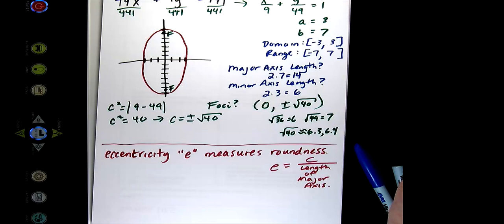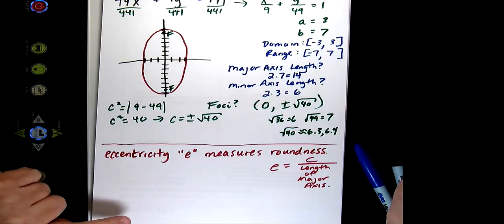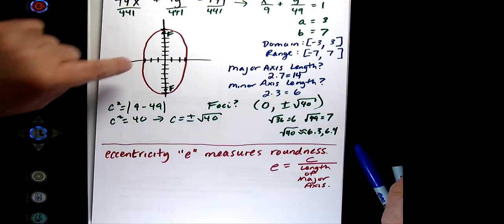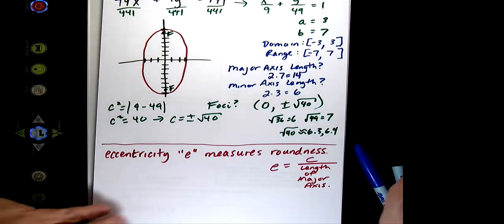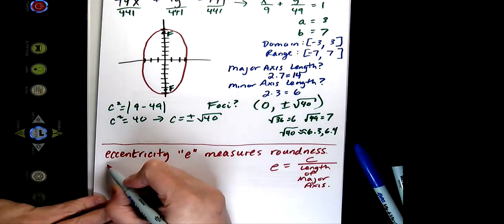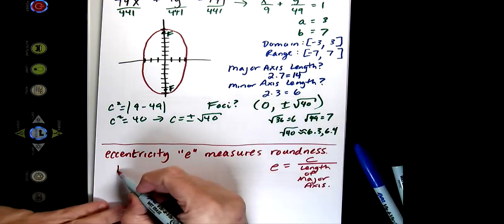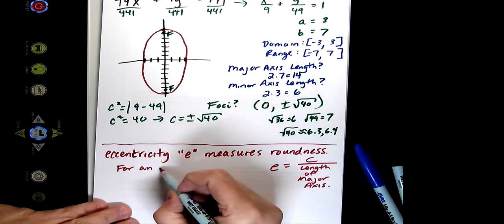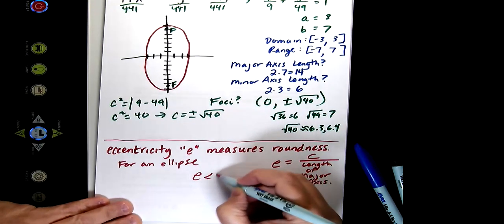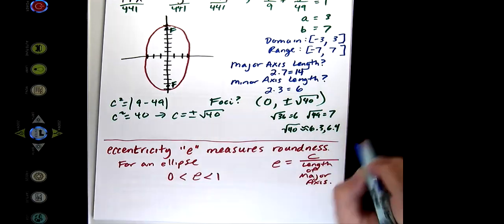If this equaled 1, it would mean the major axis is also C, which doesn't work. The foci are always inside the ellipse. So for an ellipse, E is always less than 1 but greater than 0.